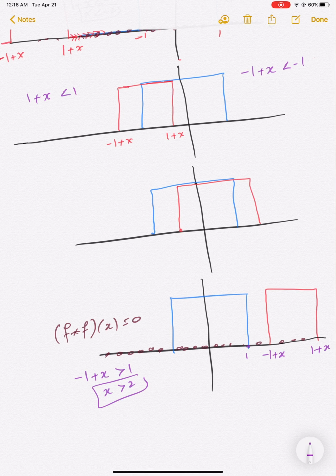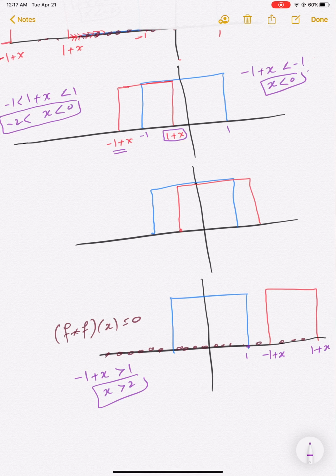Of course I want 1 plus x to be bigger than negative 1, because I want the two rectangles to be intersecting this way. So 1 plus x has to be between negative 1 and 1, and negative 1 plus x has to be less than negative 1. If you solve for this, x has to be less than 0 and bigger than negative 2.